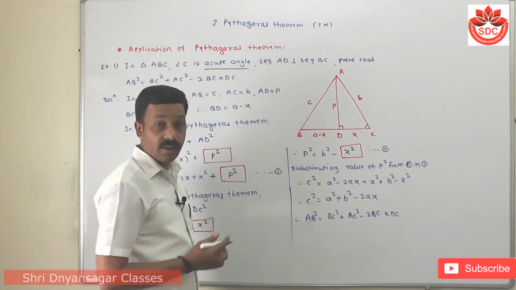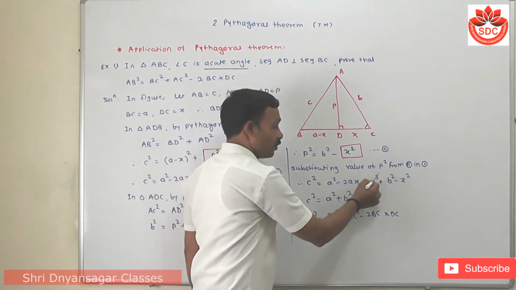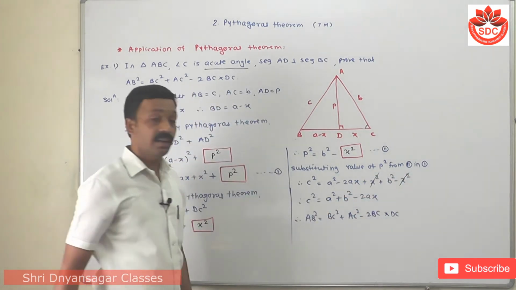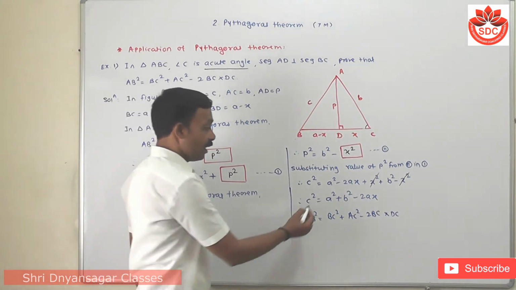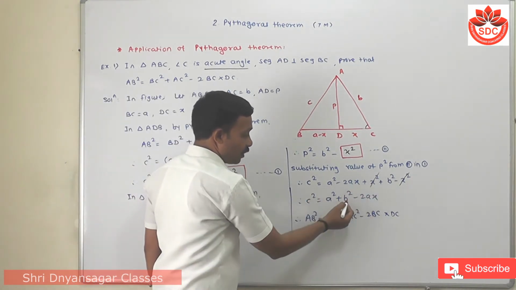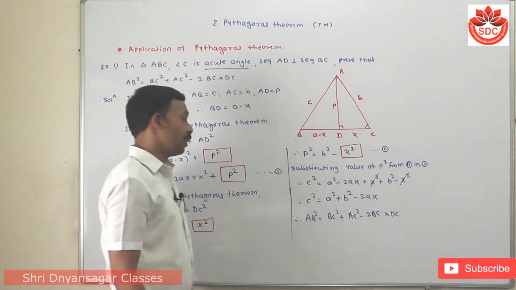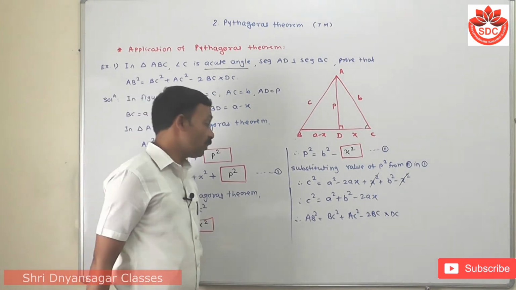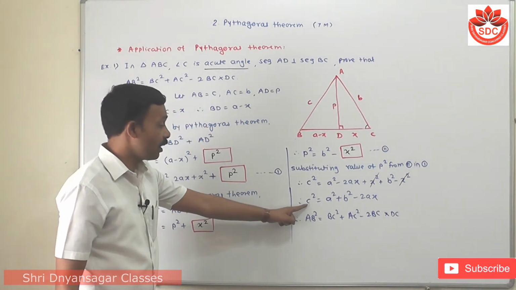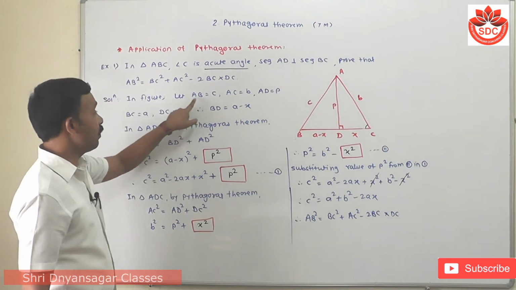When you observe carefully, this plus x square and minus x square get cancelled. The remaining is a square plus b square minus twice ax. Then we again substitute this value of c square as c is the value of AB.